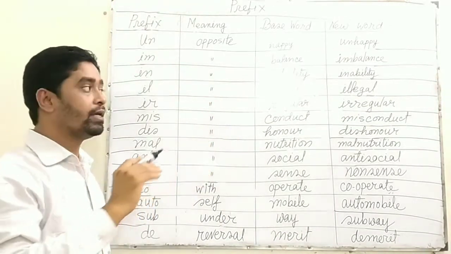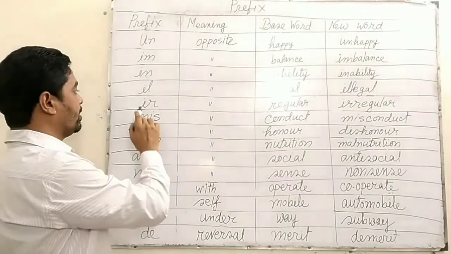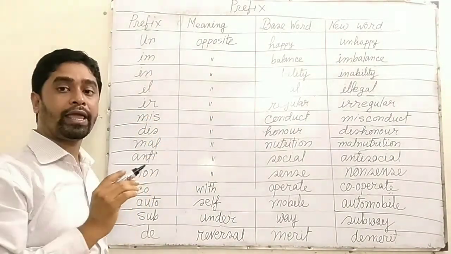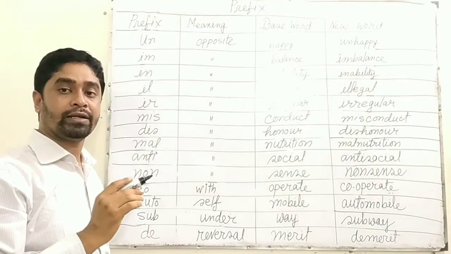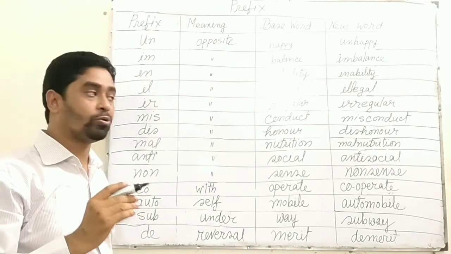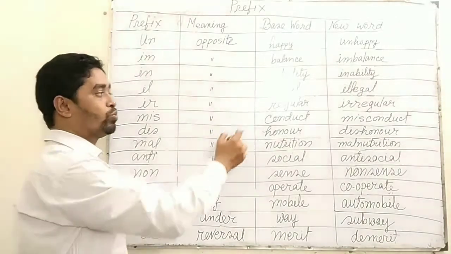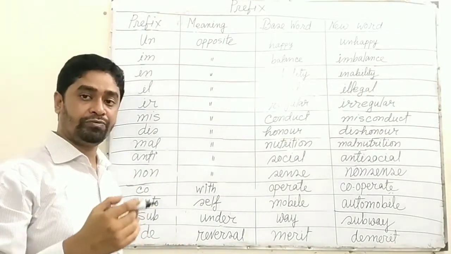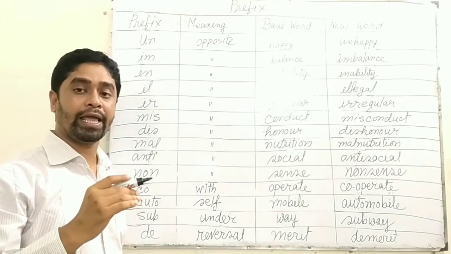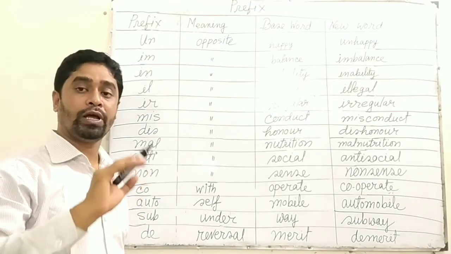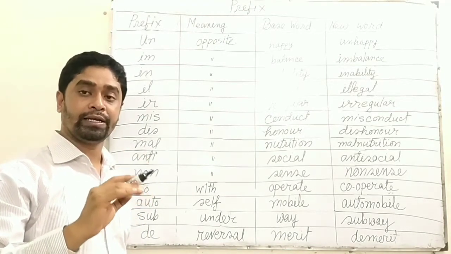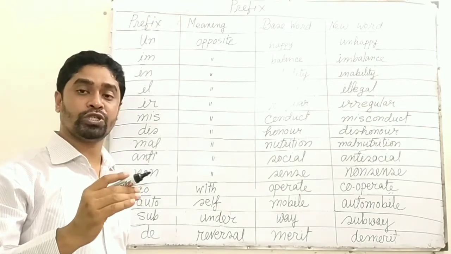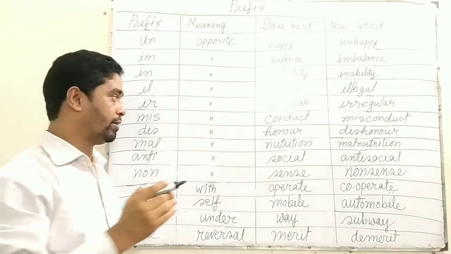It creates illegal. Next, ir. It also expresses opposite meaning, base word regular. If we add ir before regular, then it creates the opposite word, irregular.